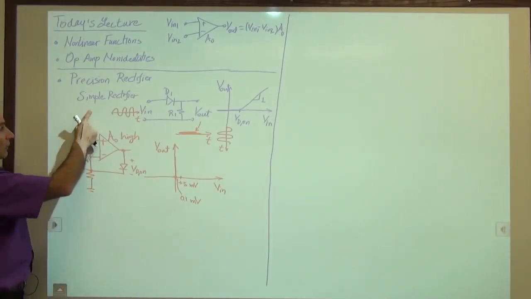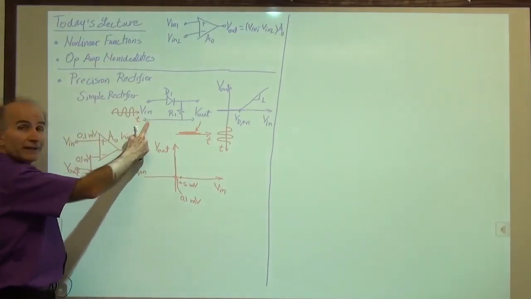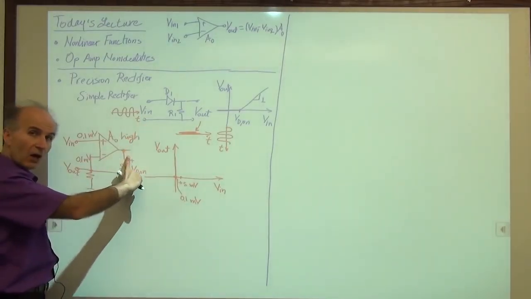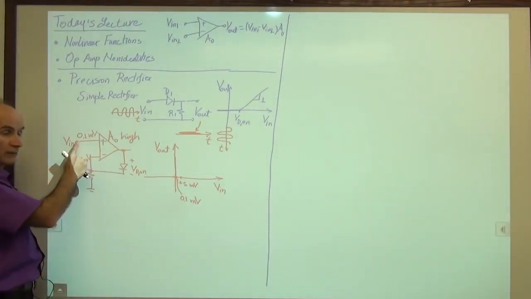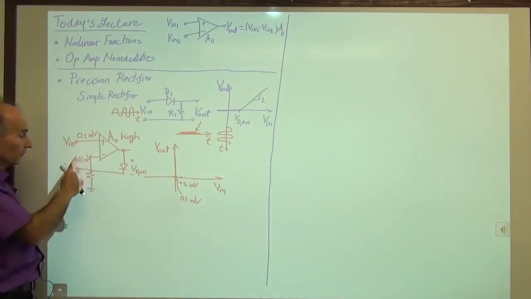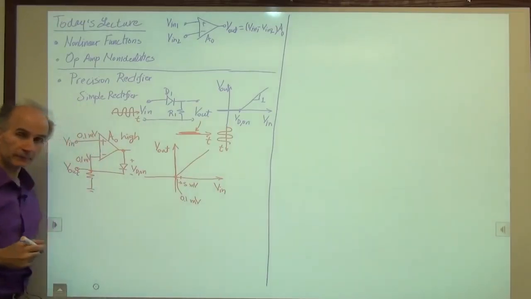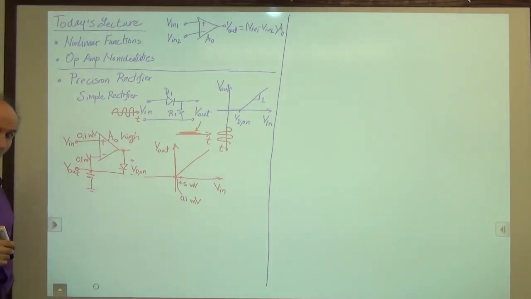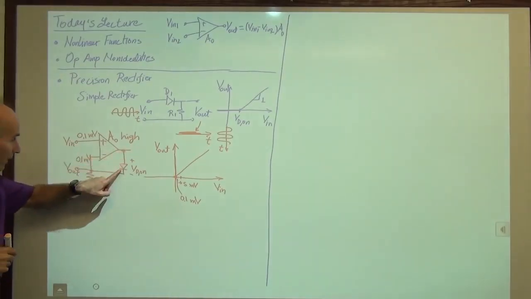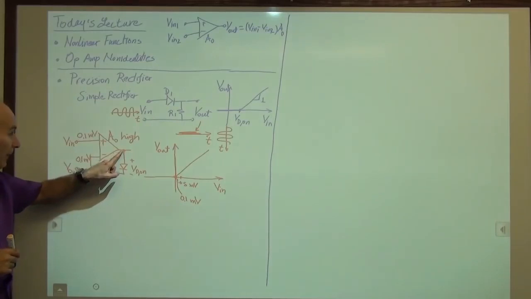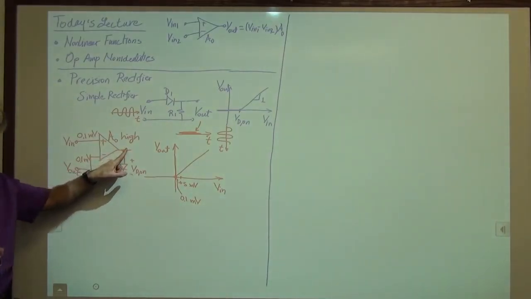So as this voltage keeps rising, this voltage also rises, except that this voltage is always VD on above this voltage. So V out follows V in with a good approximation, because this op-amp guarantees that the diode has turned on, and the op-amp wants to pull this node with it.